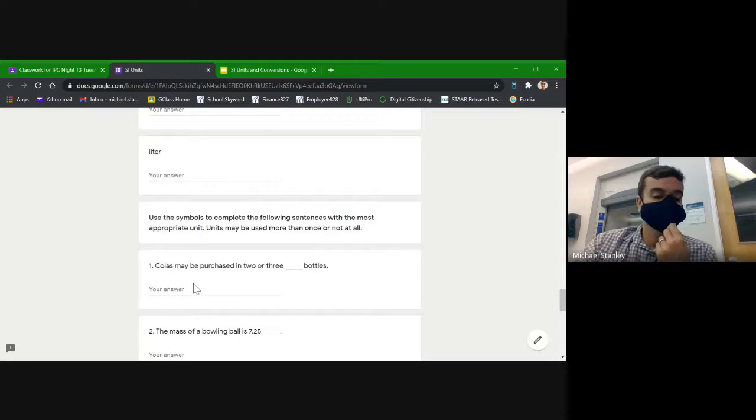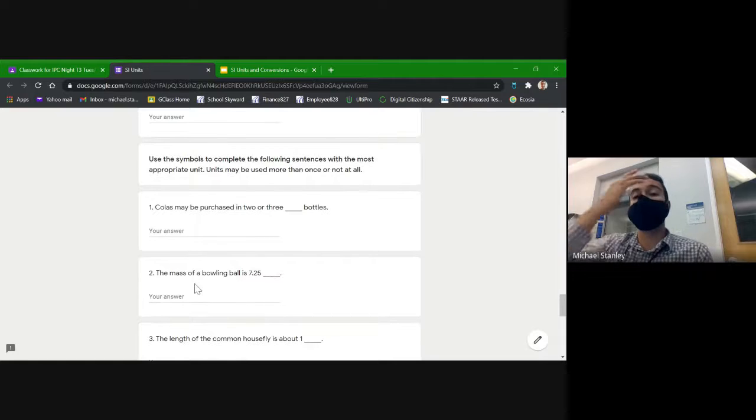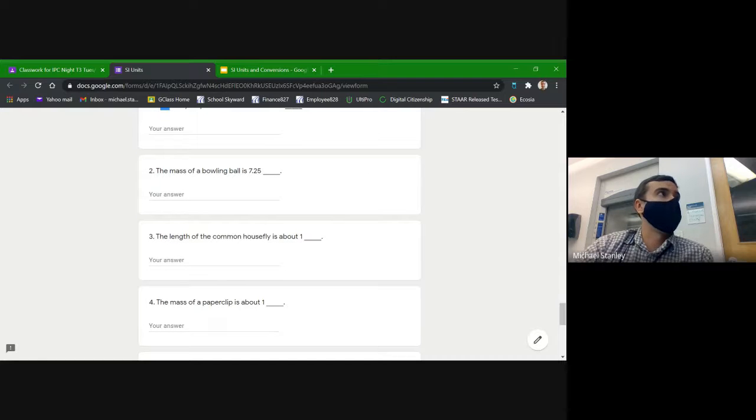And then finally, the last piece down here is that I want you to use these units that we've been talking about and apply them to everyday situations. Which unit best represents the size of a soda bottle? Which one best represents how long a housefly is?